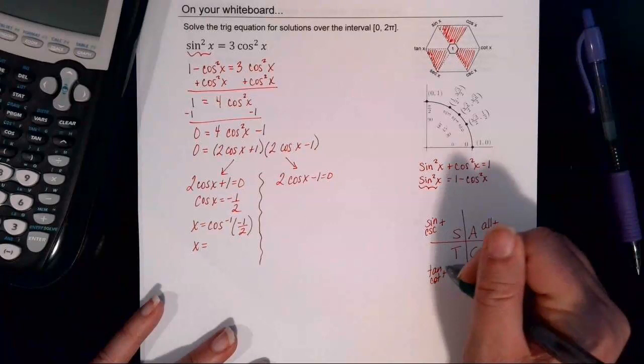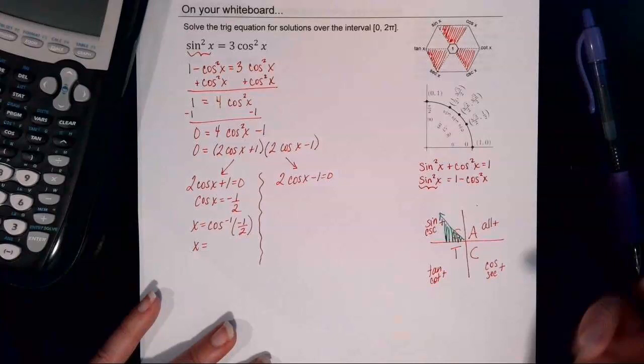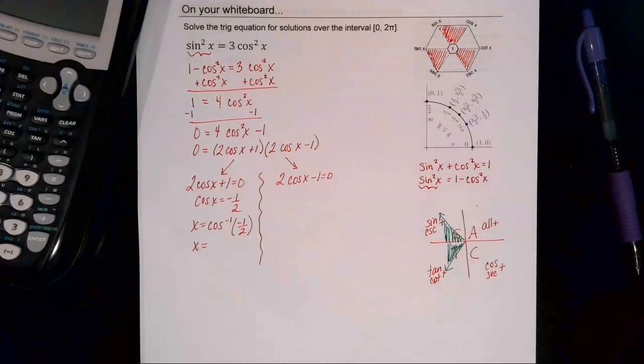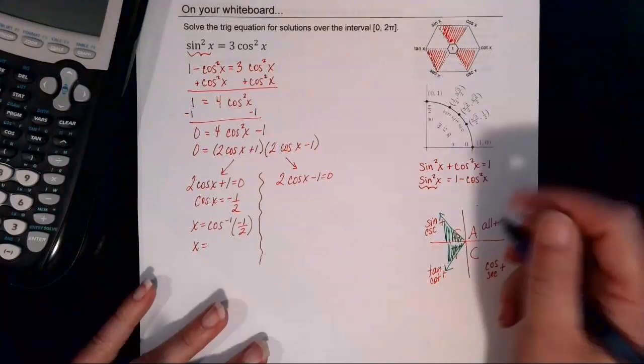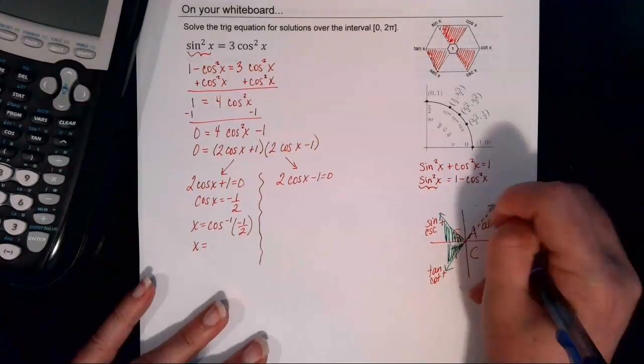So we're going to need this angle for quadrant 2 and this angle for quadrant 3, knowing that the reference angle of the same size was pi over 3, right?